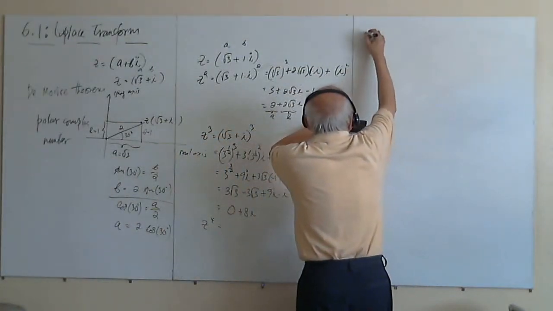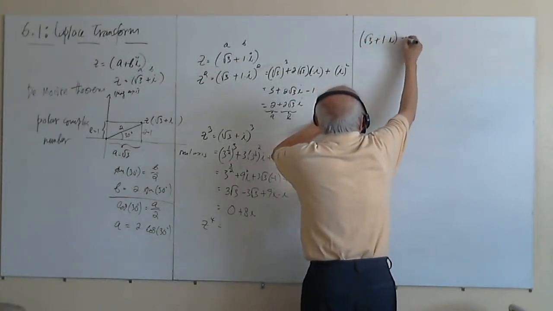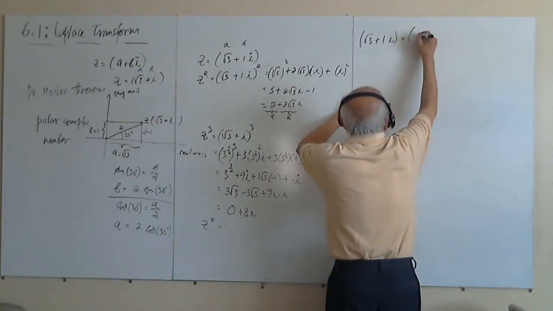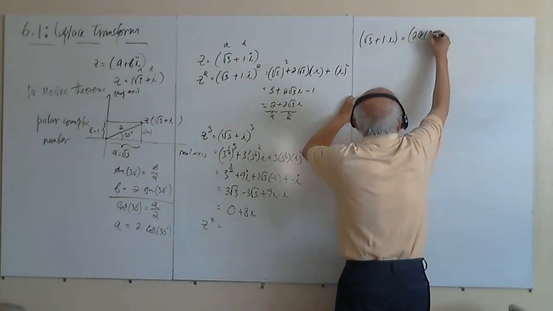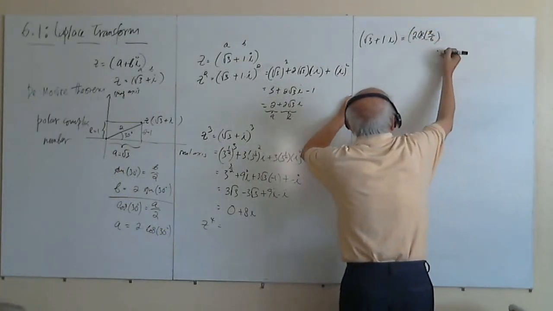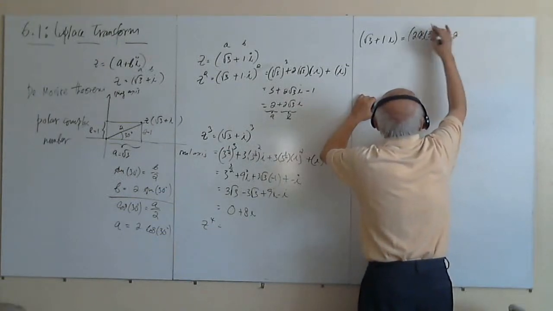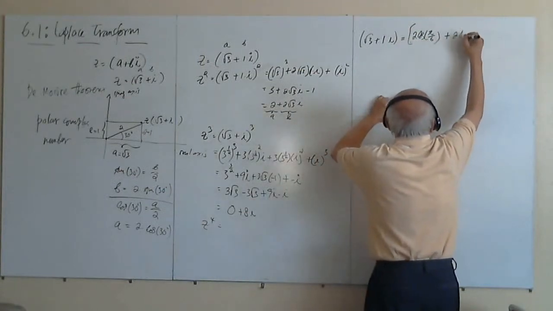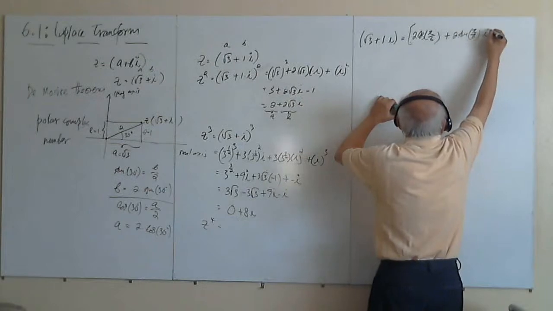Right. Okay. So right now I've got a new form here. From square root of 3 plus 1 times i, I convert into 2 cosine 30 degrees plus 2 sine 30 degrees, and then i.